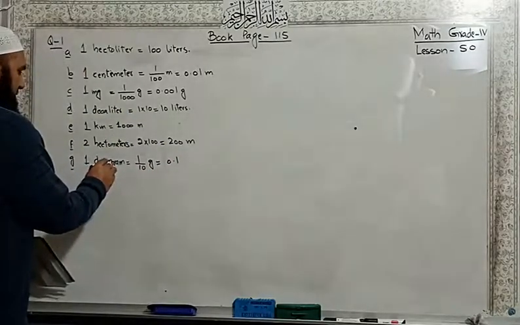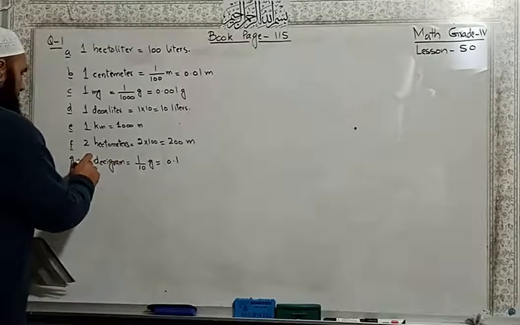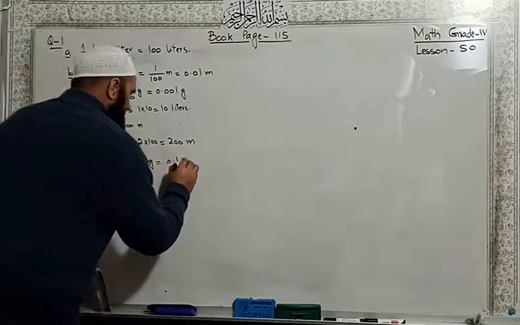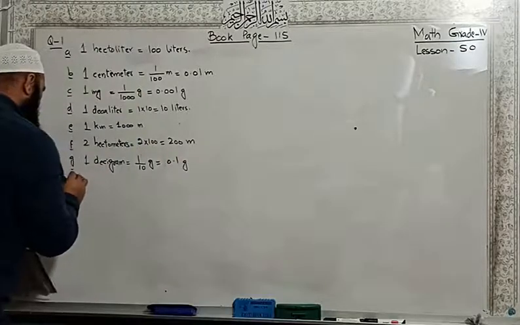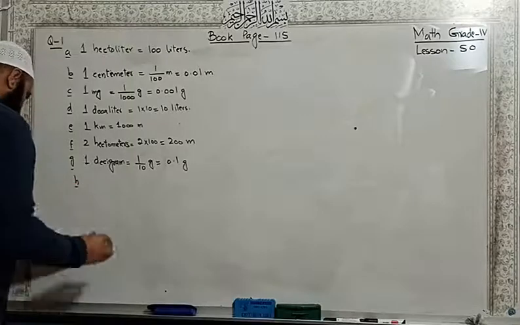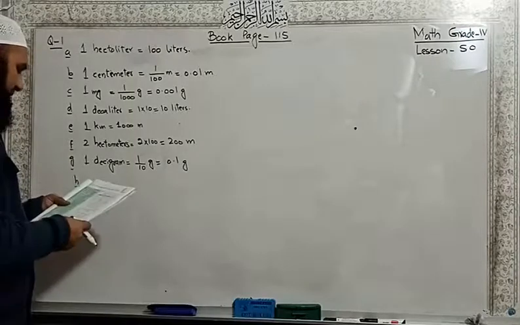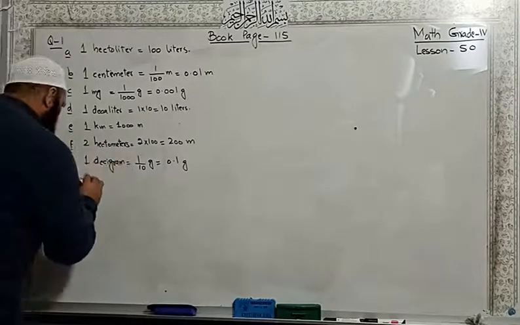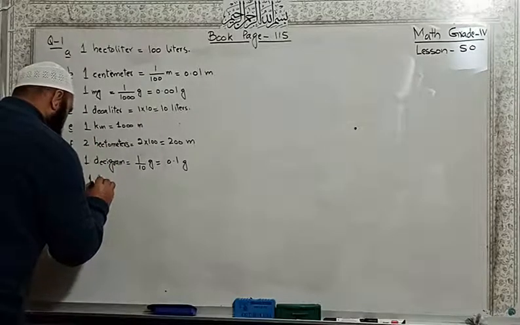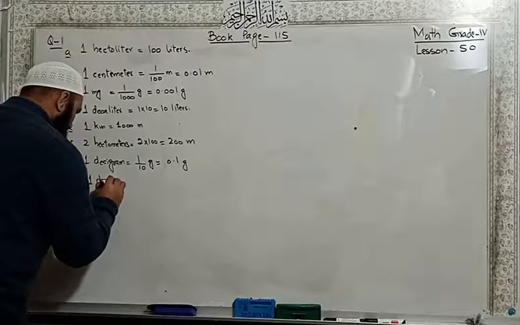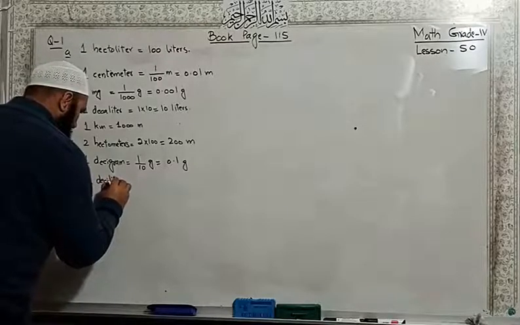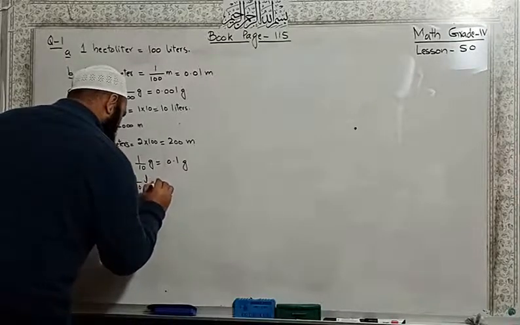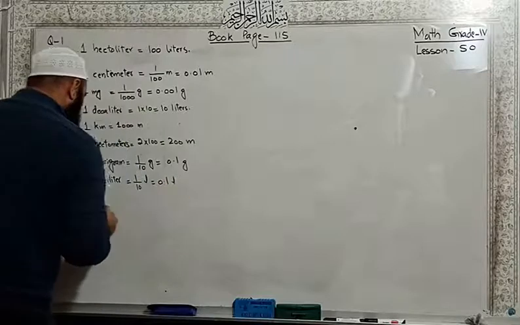So 1 decigram is equal to 1 over 10th of a gram, which is 0.1 g. Next part, 1 deciliter. Now we will divide 1 liter by 10. 1 over 10 liter will be equal to 0.1 liter.